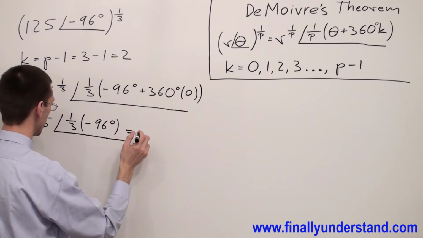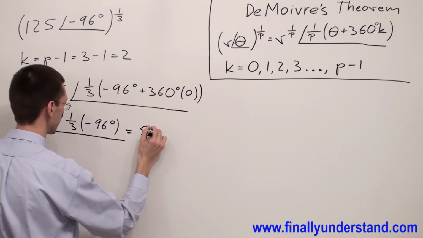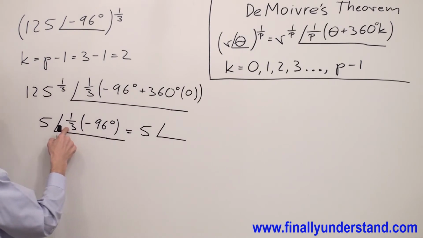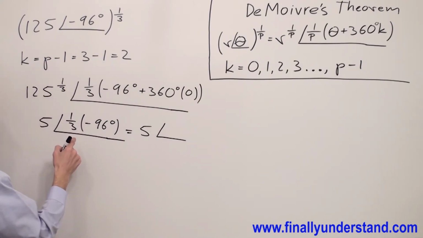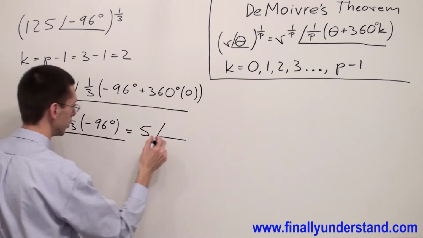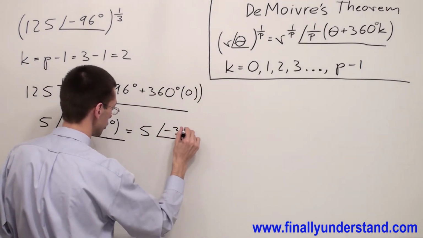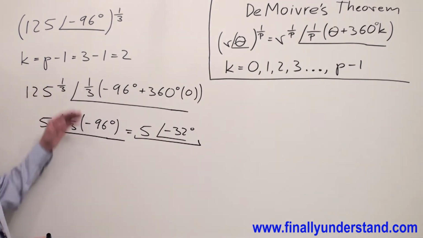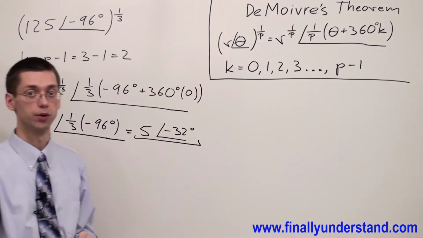So I have 5, and 1/3 times negative 96 is equal to negative 32. So I have negative 32 degrees. And this is the first root of my given number.